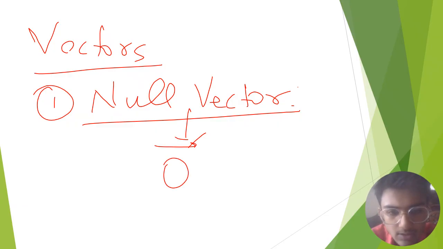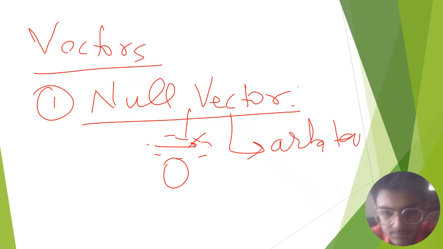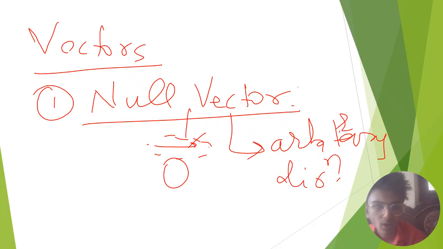It is drawn like this, showing a specific direction, but actually it is not like this. Just to show a vector we draw it like this, but it has arbitrary direction. Arbitrary direction means we cannot specifically say. Okay, null vector is this.